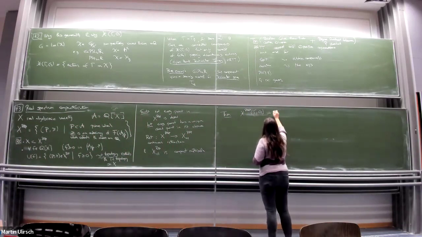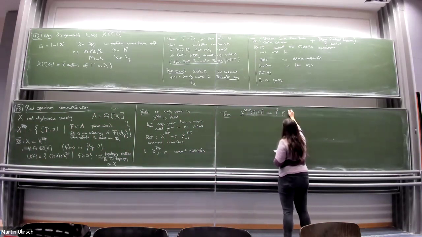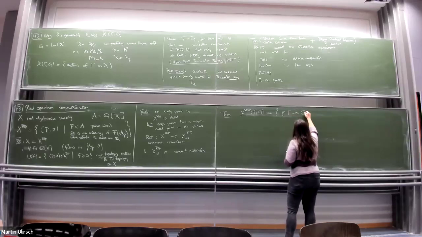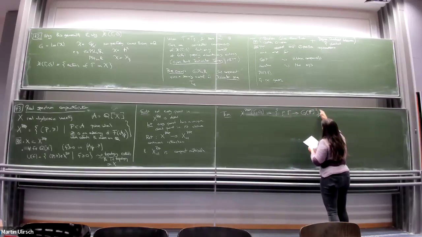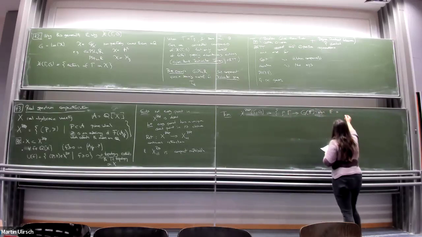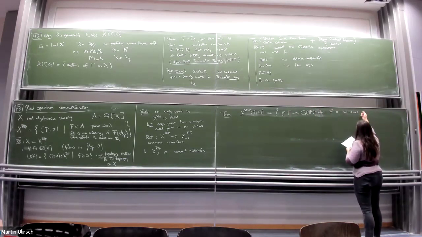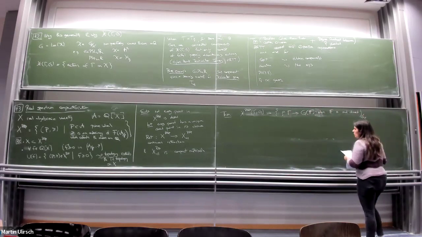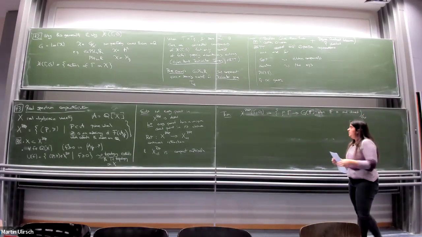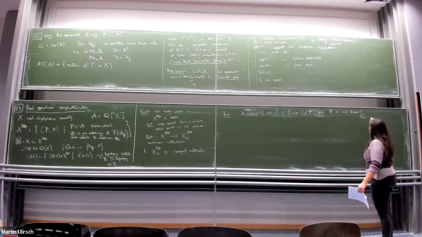We understand these as suitable equivalence classes of representations from Gamma to G(F), where F is real closed, up to suitable relations that are given by these isomorphisms.